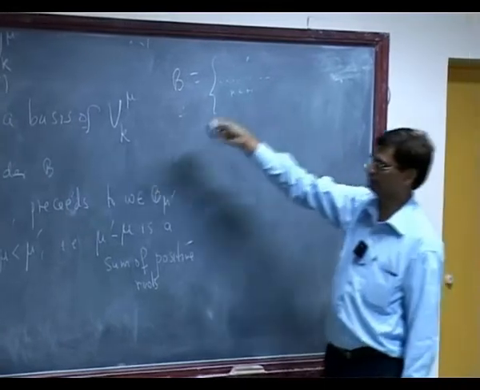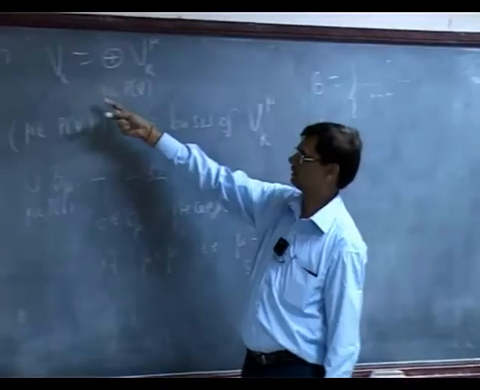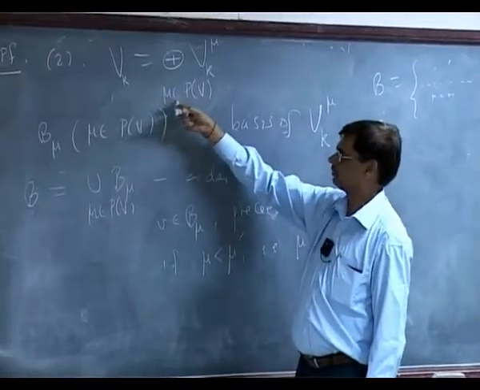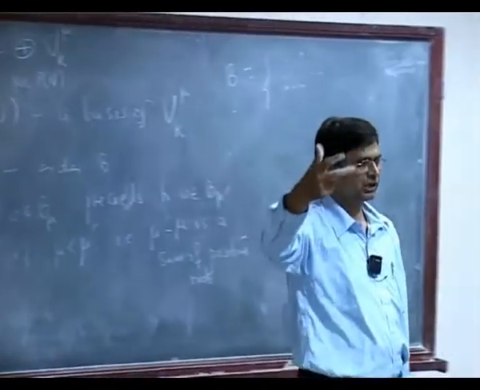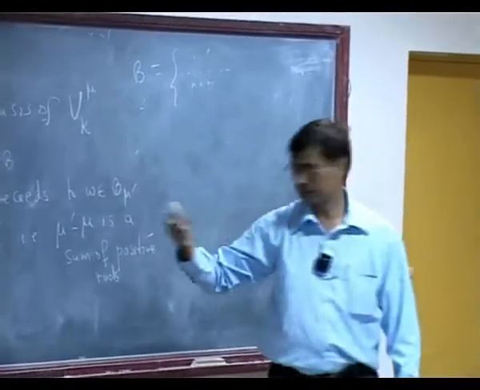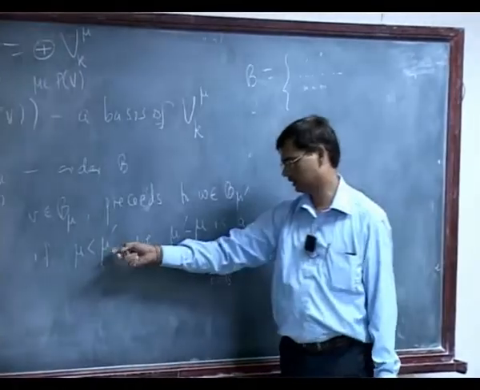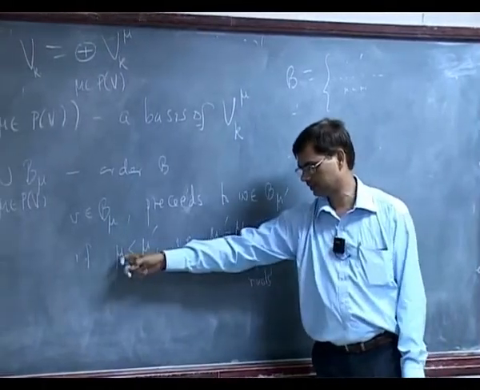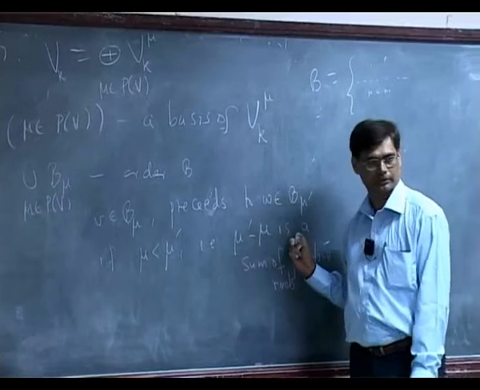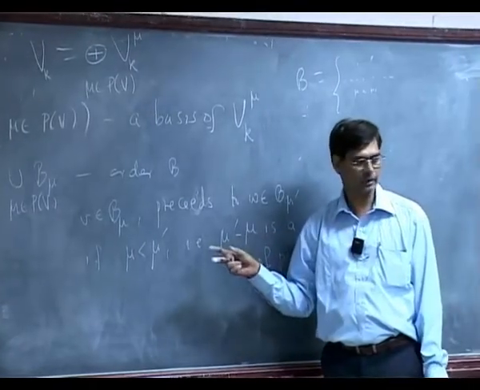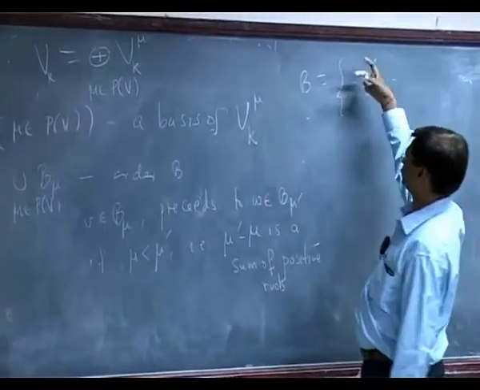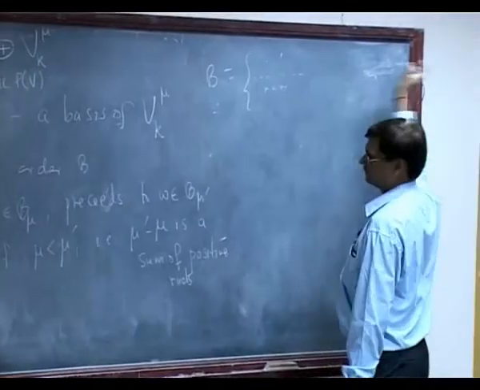So, you start with the basis and arrange the weights in the natural order of the weight. This weight is less than this if the difference is a sum of positive roots, the strict inequality. Then you arrange the basis like this.